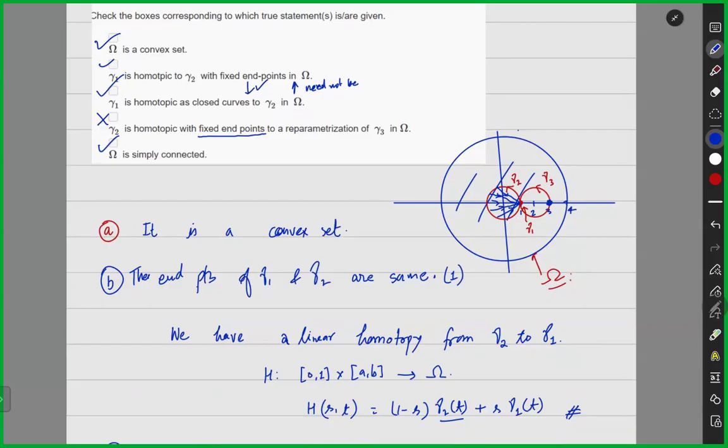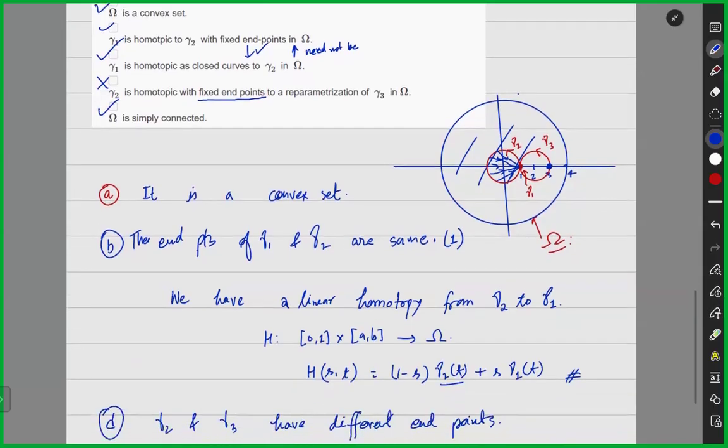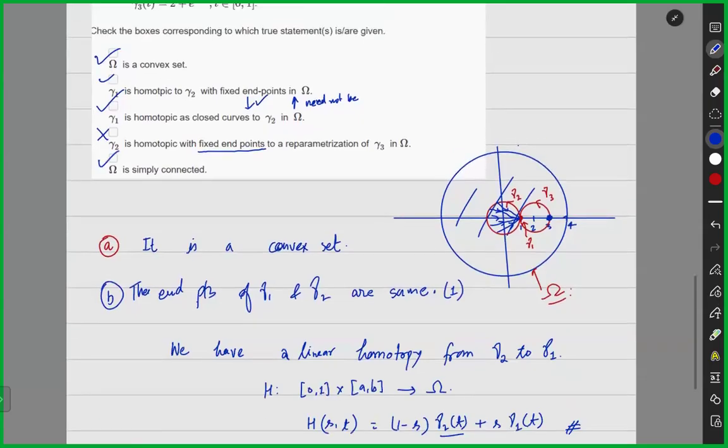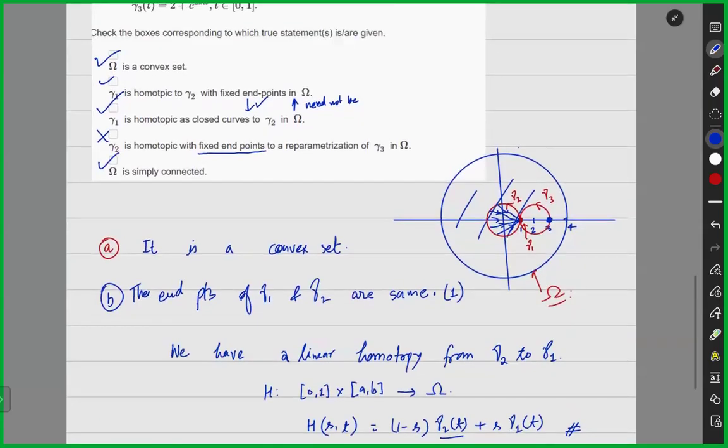So you understand this question? So we can go to the next part.